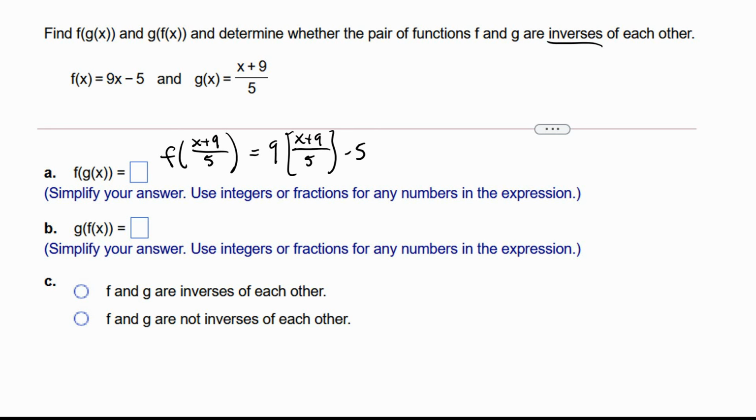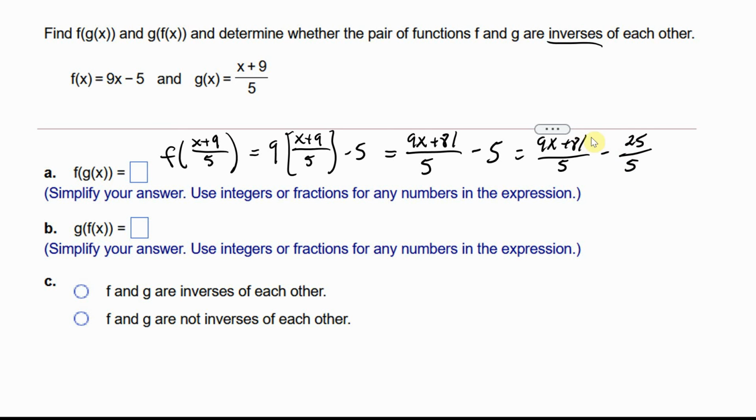This is pretty good. So this is 9x plus 81 over 5 minus 5, or let's just say 5 for here. So this is 9x plus 81 over 5 minus, here we're subtracting two fractions. We've got to find the least common denominator, which is 5. So I get 25 over 5.